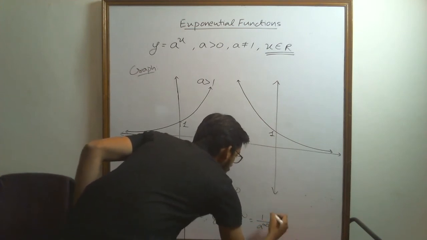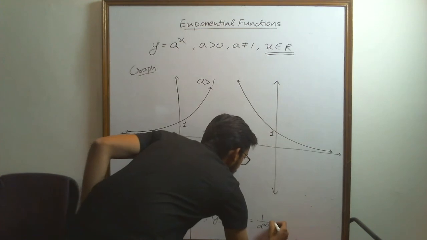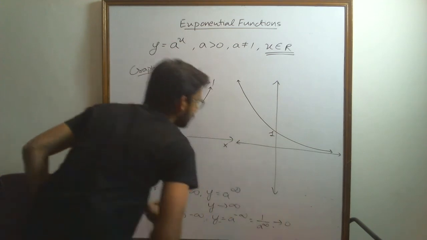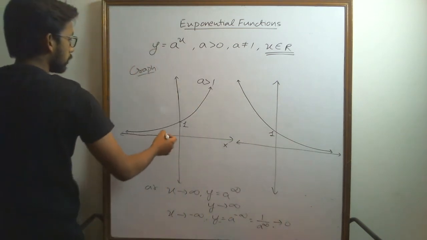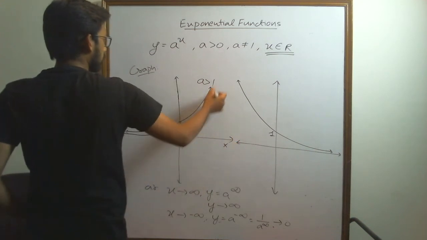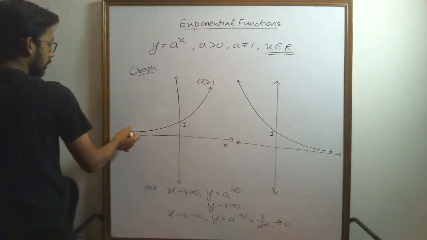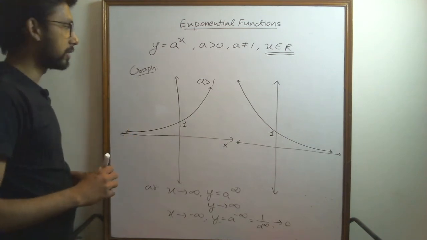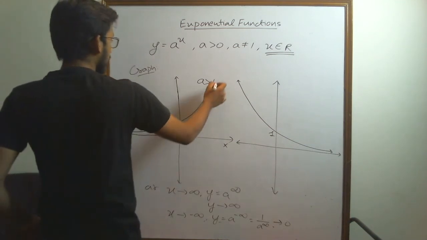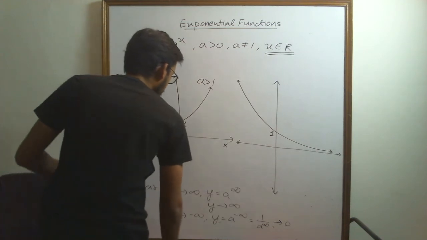This is equal to 1 upon infinity, so this tends towards 0. So as x tends towards infinity, y tends towards infinity. As x tends towards minus infinity, y tends towards 0 from above, that means 0 plus. So this is the graph we get when a is greater than 1.